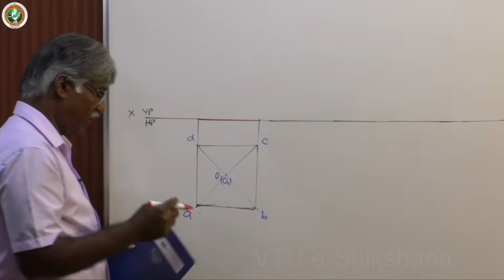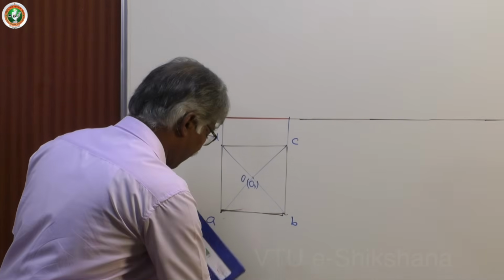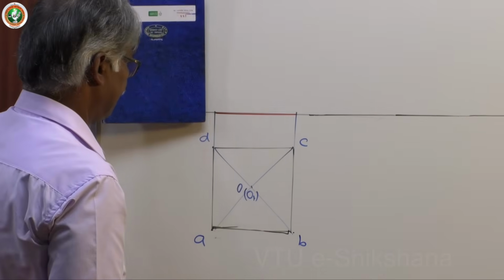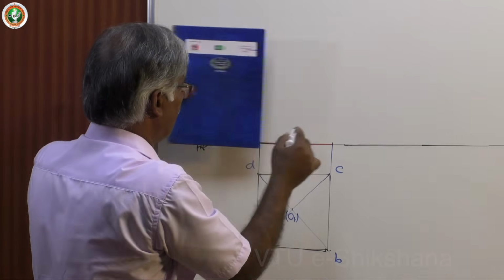Height must be identified since he has given height as 65. Take 65 mm height and mark. This is 65 mm.